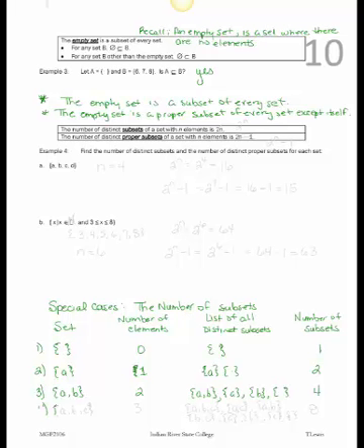Let's do one more. Set A, B, C. How many elements do we have here? We have 3. Let's list all of the distinct subsets. We have A, B, C. We have AC. We have AB.